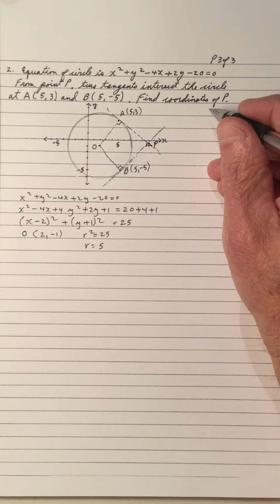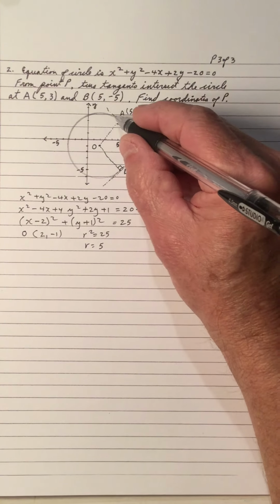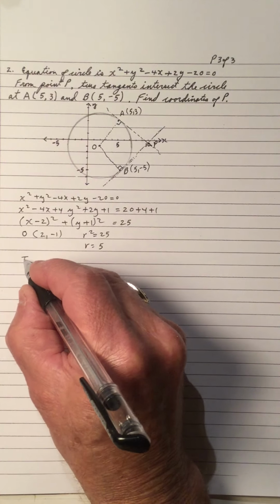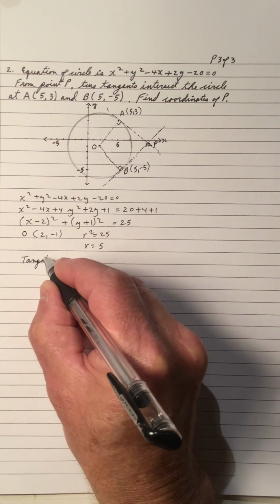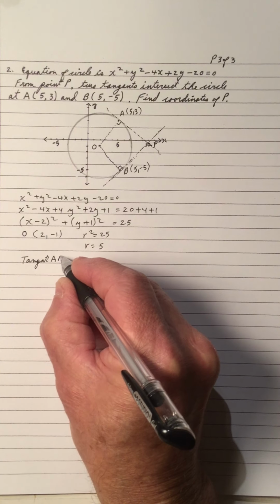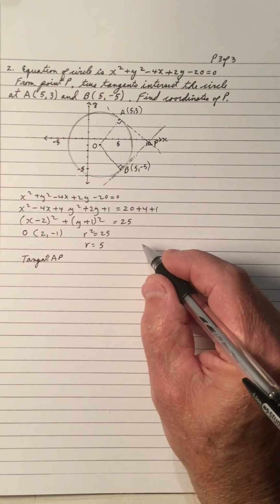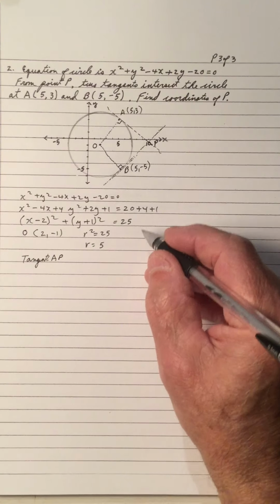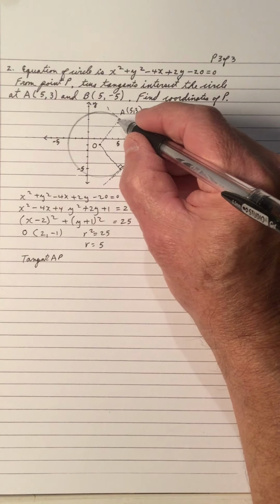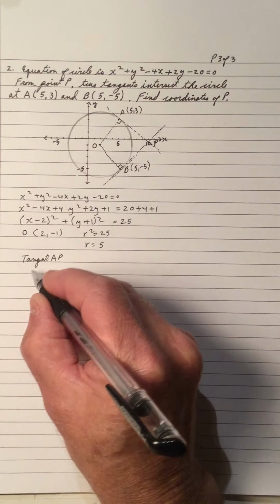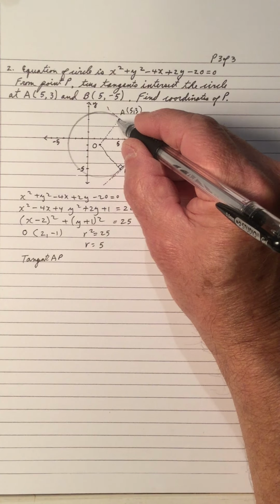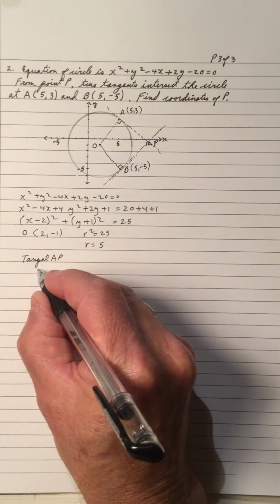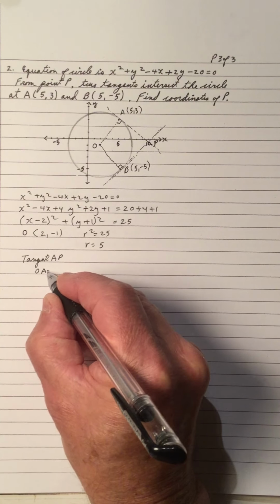So let's take this tangent PA. PA is the tangent. What we need to do is get the slope of the tangent, which is the negative reciprocal of the slope of this radius. So let's get the slope of AO.